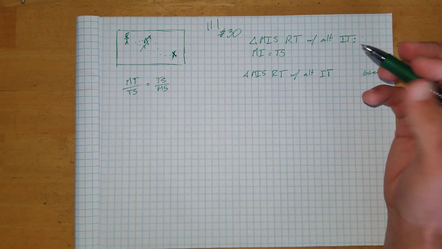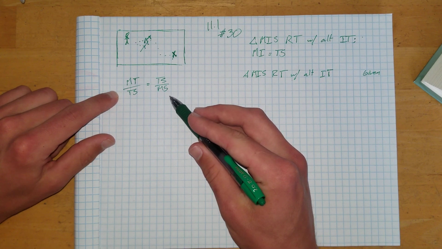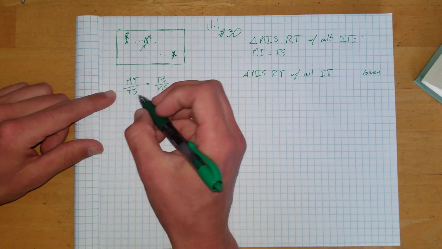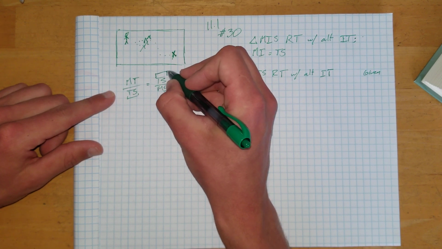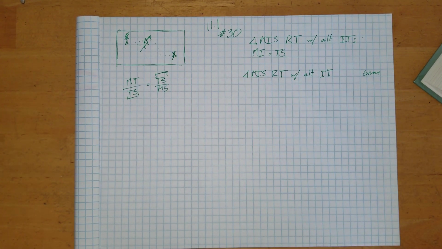We know we want something proportional here, and we see that TS is the same as TS, so we have a geometric mean.